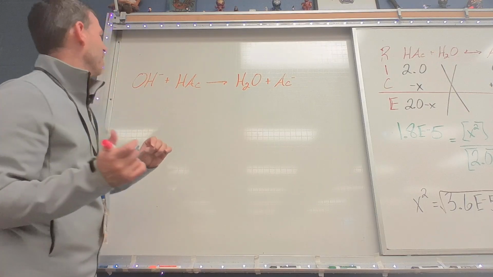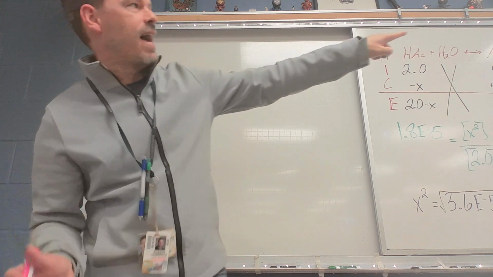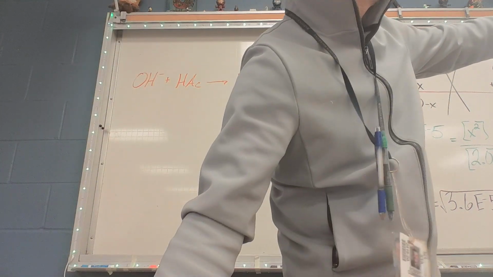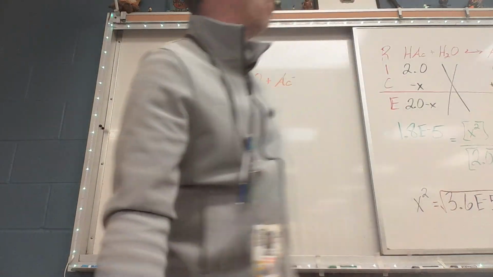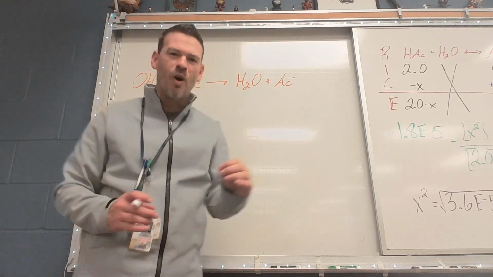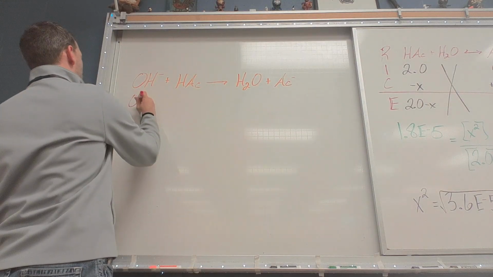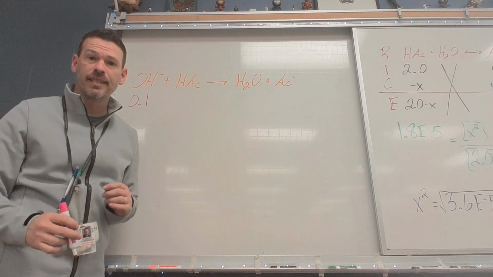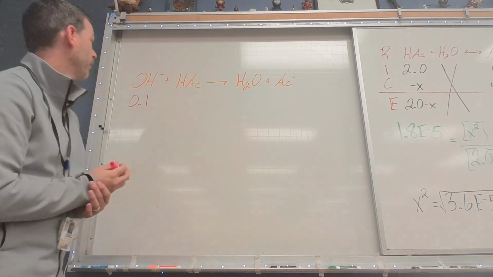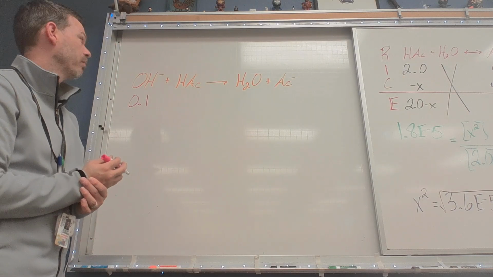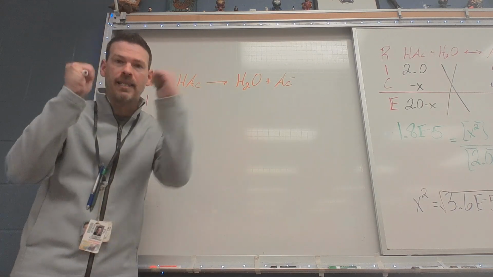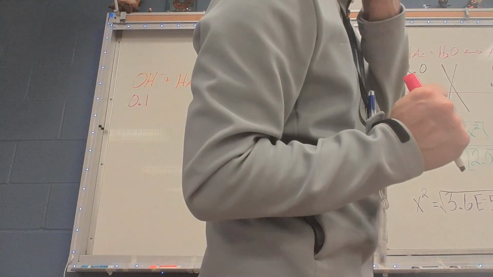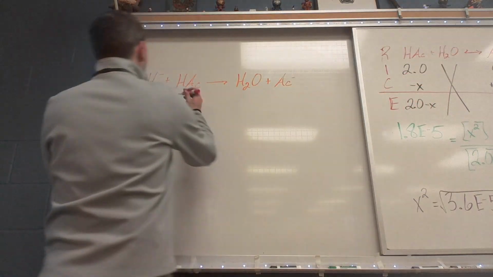Molarity times liters. All right. So if you look at the hydroxide values, you'll see that it's given at 0.1 and 1. 0.1 times 1 is 0.1. And it's already in liters this time instead of mils. That's nice. If you look at the HAC, molarity times liters, it's given at 0.1 and 2.